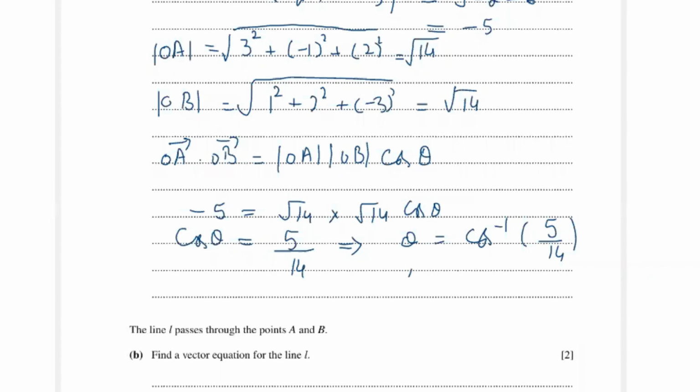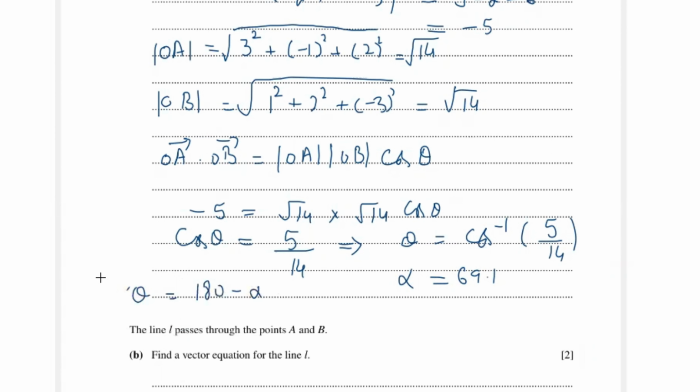Now we take the acute angle value, then alpha will be equal to cos inverse 5 over 14, equal to 69.1. But we have to find the obtuse value. Now we write theta will be equal to 180 minus alpha.